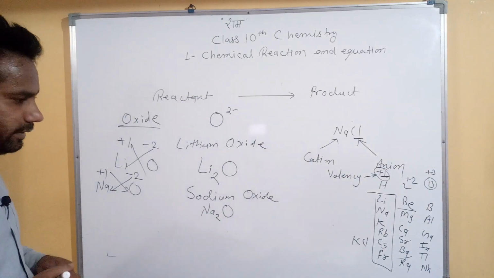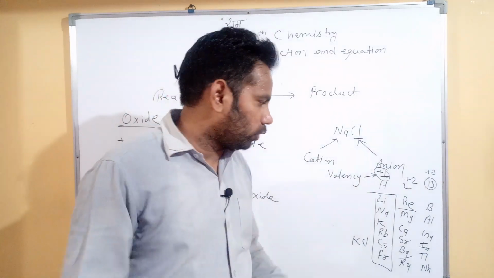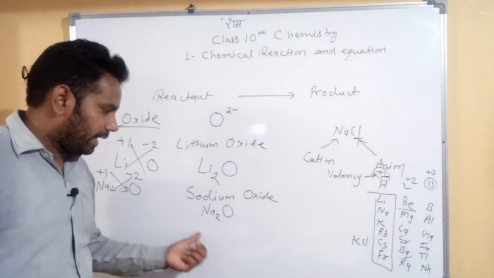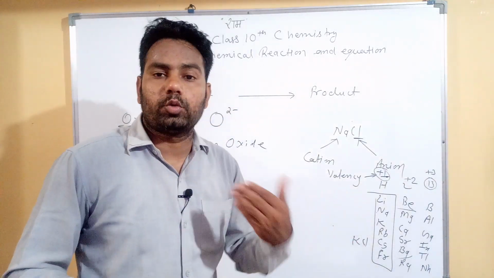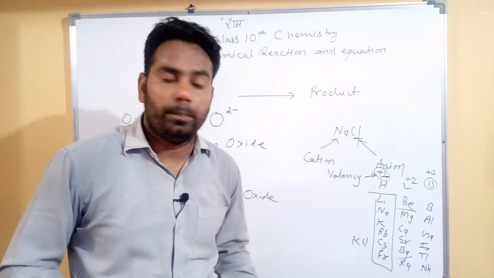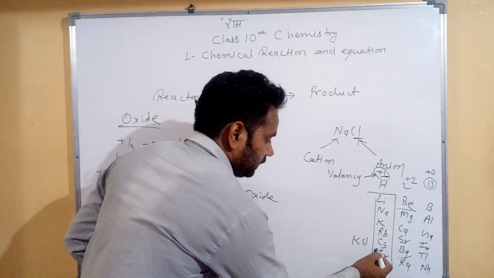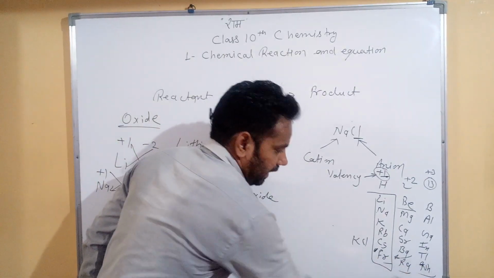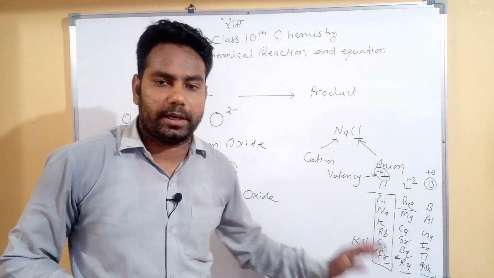Likewise, the oxides of the first group are Li2O, Na2O, K2O, Rb2O, Cs2O. Francium is a radioactive element, so we do not use it. Radium also we do not use, because these elements are radioactive.